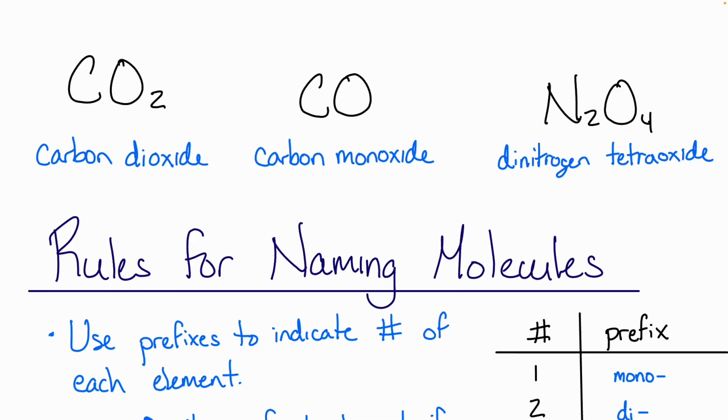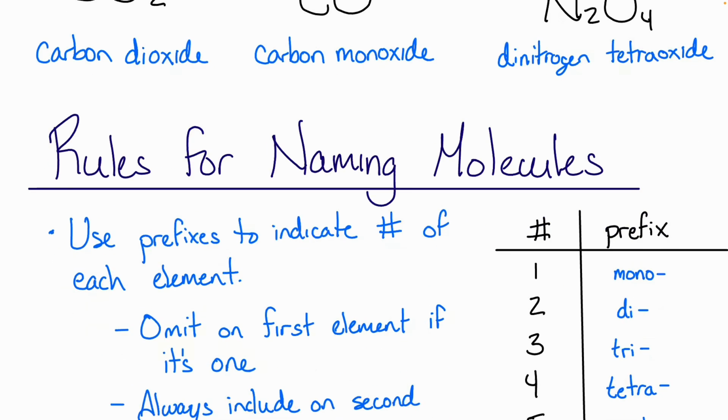We added the prefix. We always add the prefix. But what else do we add to the end, to the suffix? That IDE. Just like we saw with our ionic compounds, note that my second element always ends in IDE. All right?